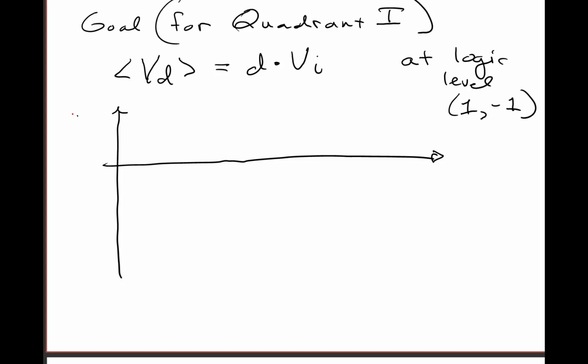So we're going to say this is V triangle. It starts at 0, goes down, so this is 1, and this is minus 1.